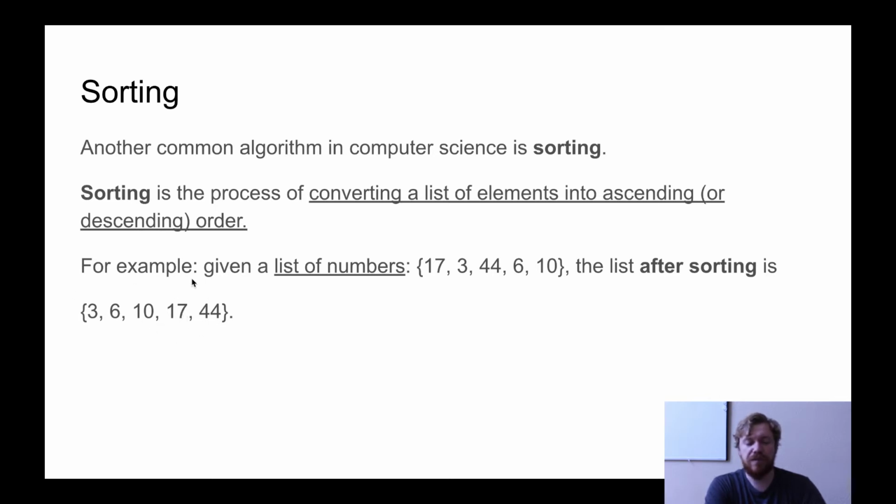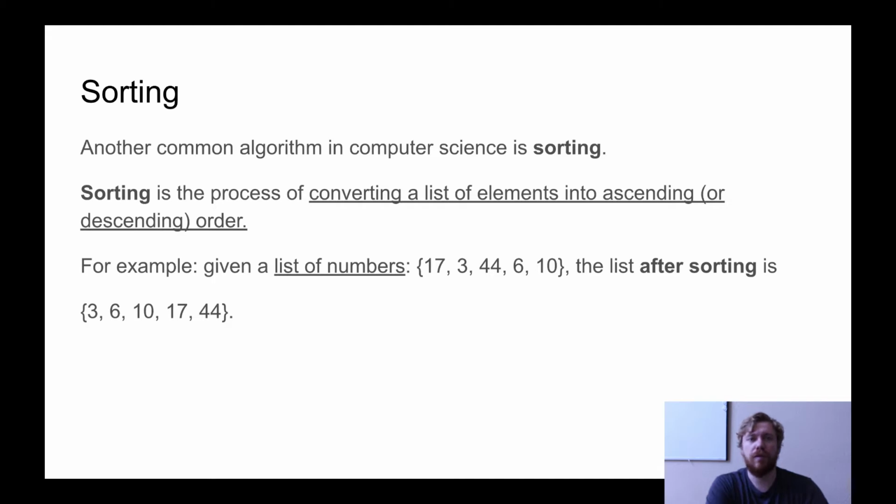Of course, this would be sorting in ascending order, right? Notice how starting from the left, you have the smallest value, and after that, each number is the next largest number.